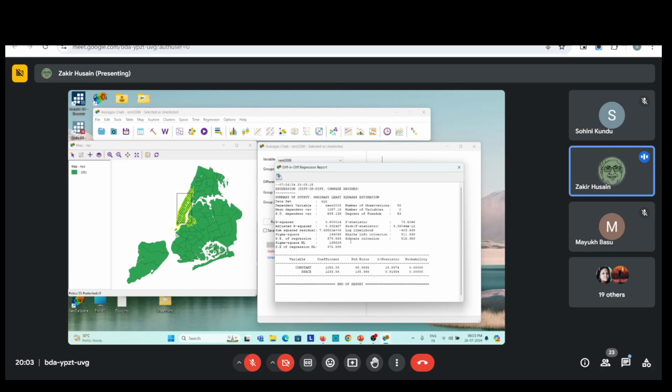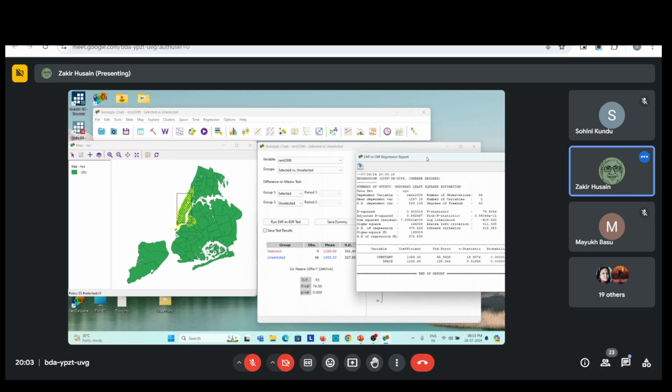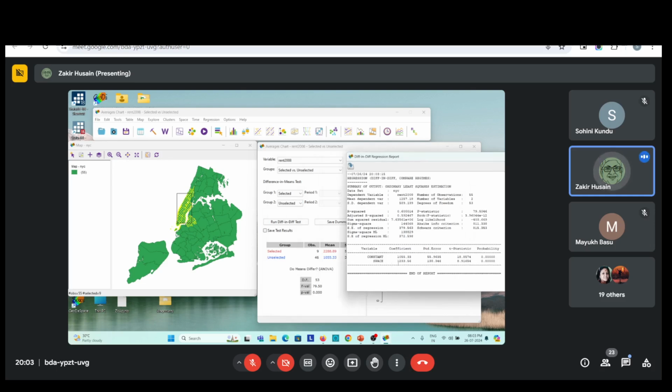So in this equation you're regressing rent on this dummy and an intercept. What you get is normally the rent is 1055, and the difference in rent is 1233. So if you add 1233 to 1055, you'll get 2288.